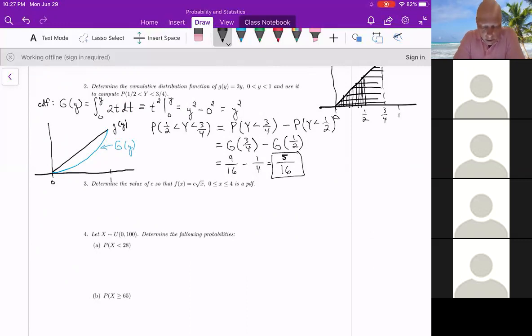Let's look at problem 3, where a non-uniform distribution PDF is given. f of x equals some c times the square root of x. This is a PDF with support x being between 0 and 4. And we want to know what must the value of c be for this function to be a PDF.